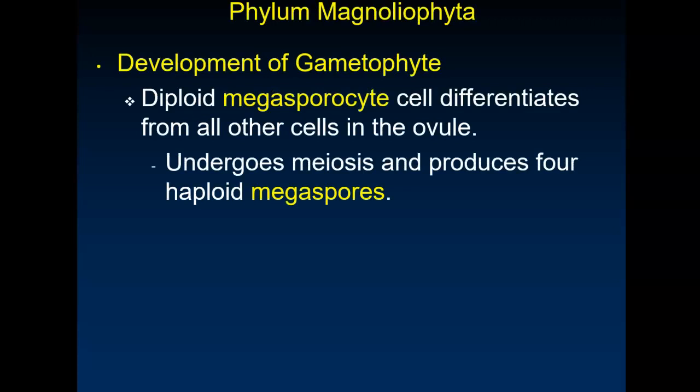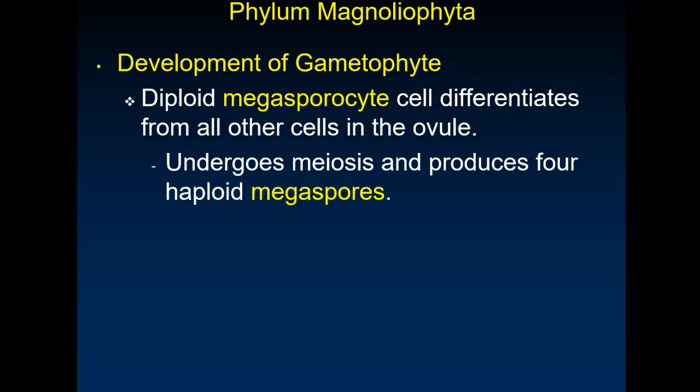So let's talk about the development of the megagametophyte and the female part of the structures. And so there is a megasporocyte cell. That's the same thing as a spore mother cell, and it differentiates from all the other cells in the ovule. Nobody really knows which cell becomes that.